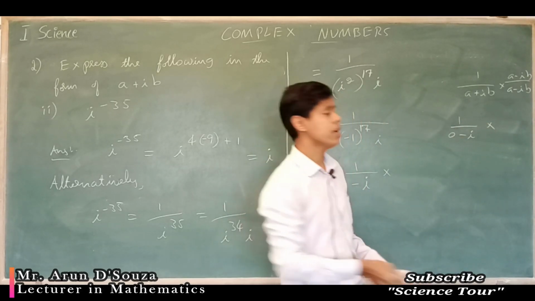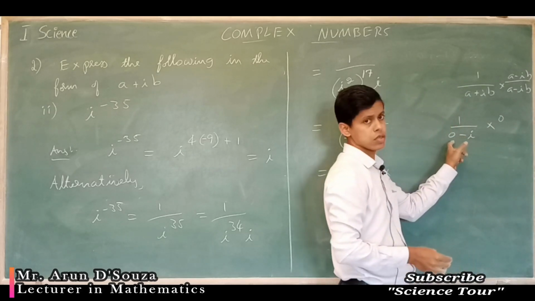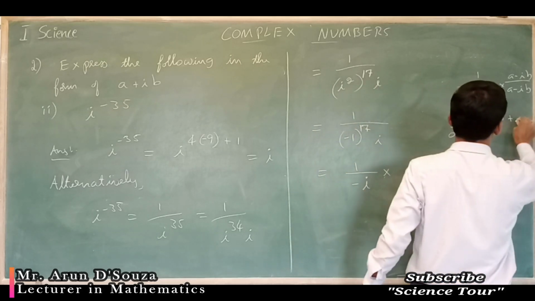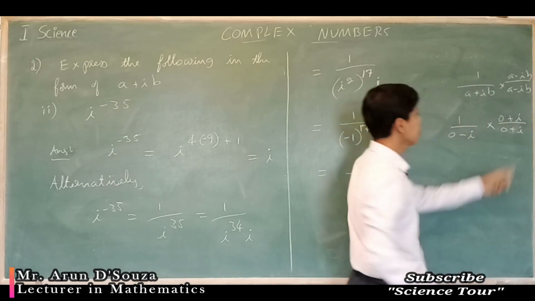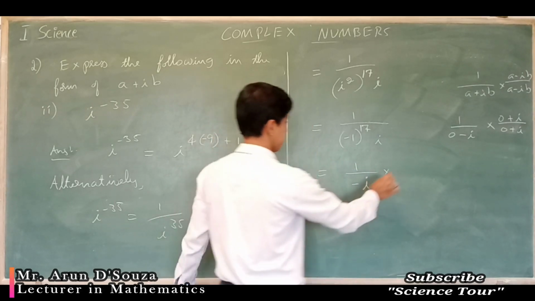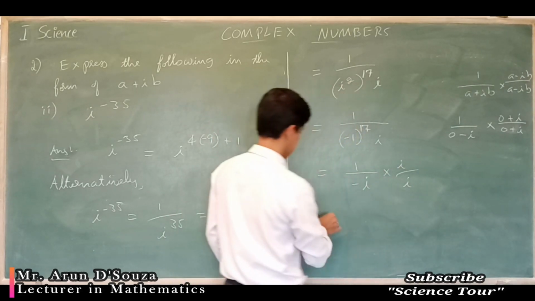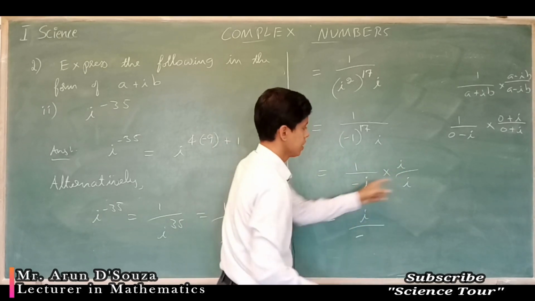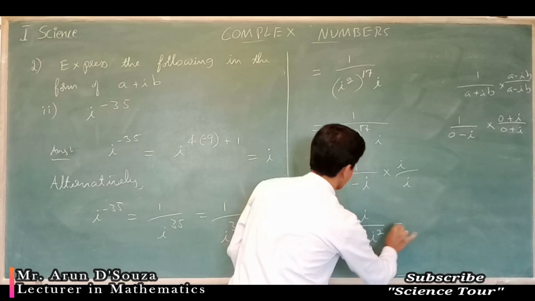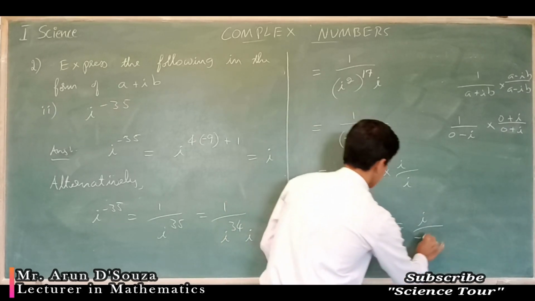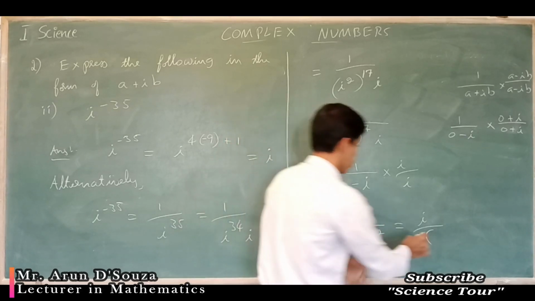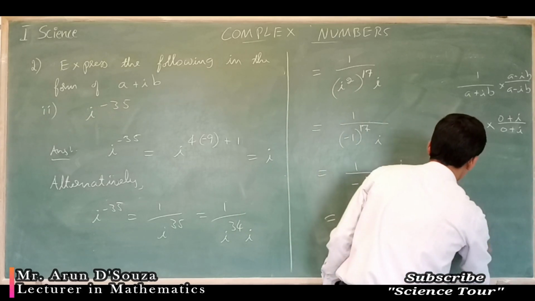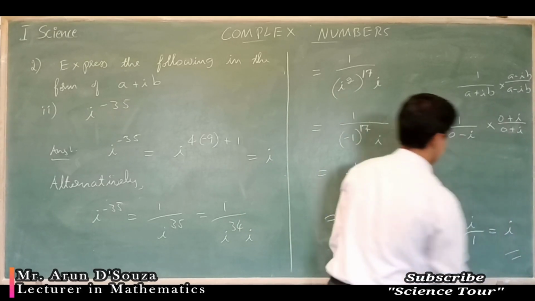Real part same, but imaginary part changes the sign, so it becomes plus. So you have to multiply and divide by i. So this is like 1 into i, and minus i into i is i square. So i divided by i square is minus 1, and minus into minus is plus. So that is i by 1, which is like i.